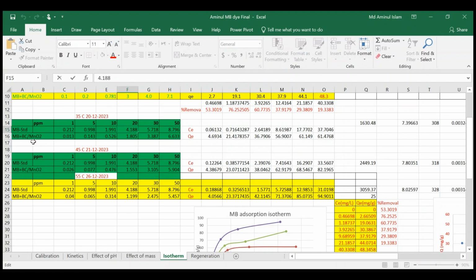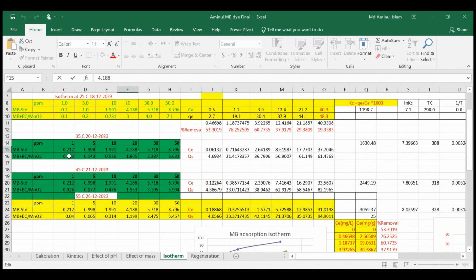So these are the absorbance for 1 ppm, 5 ppm, 10 ppm, 20 ppm, 30 ppm, 50 ppm after adsorption. So, in order to calculate equilibrium concentration, just equal to this.